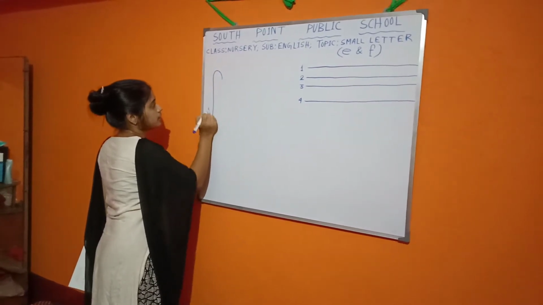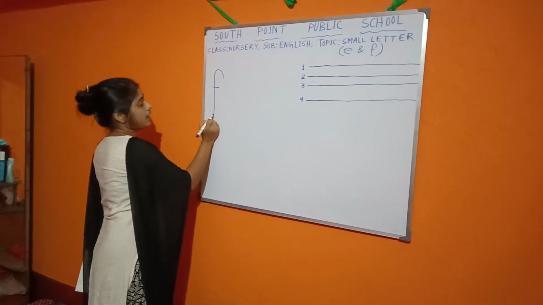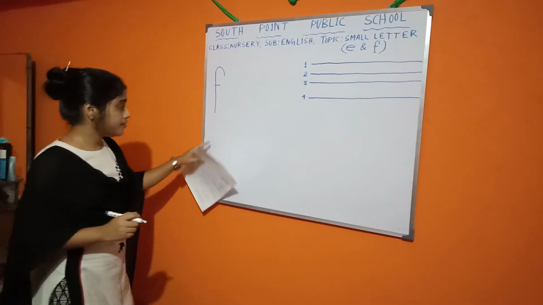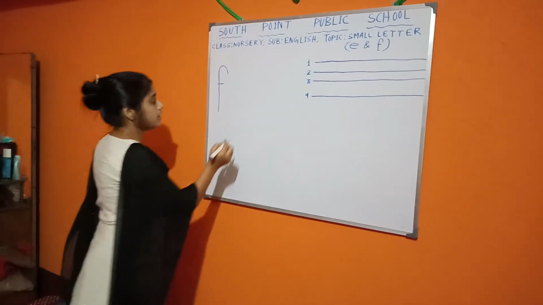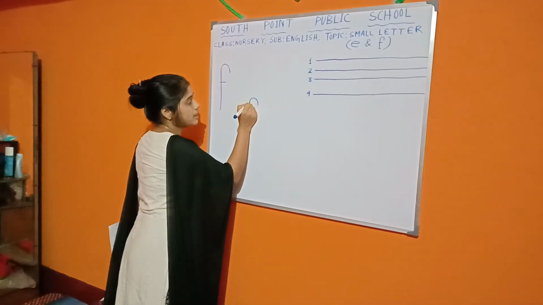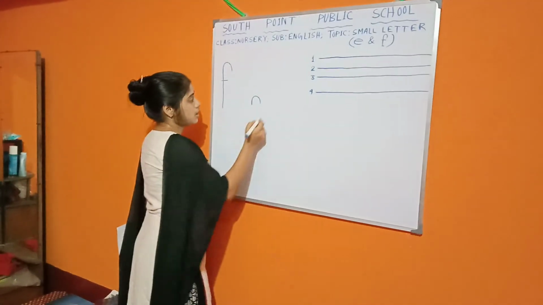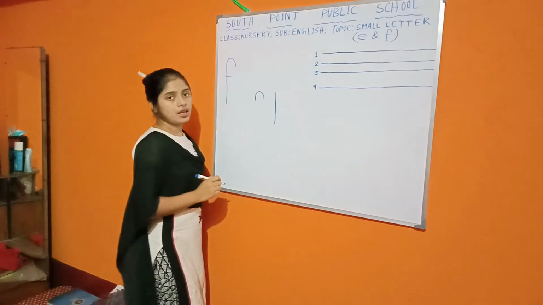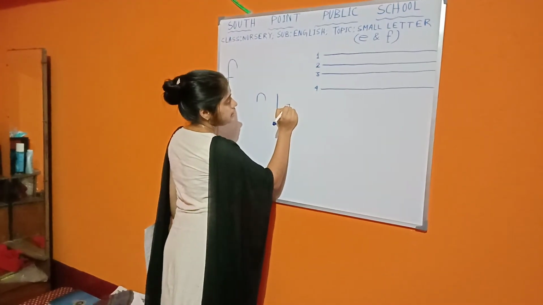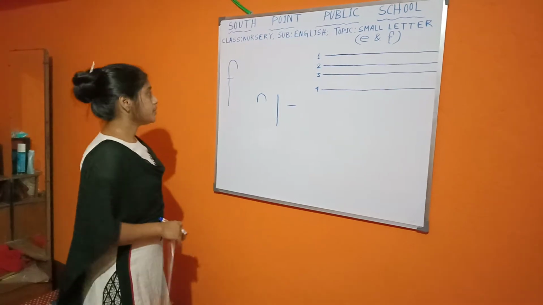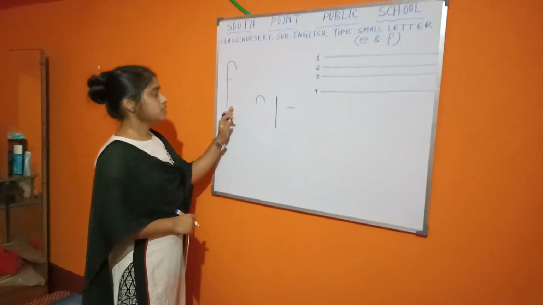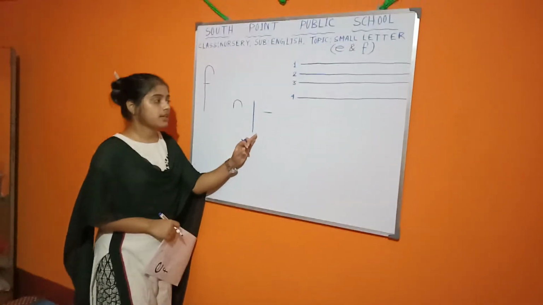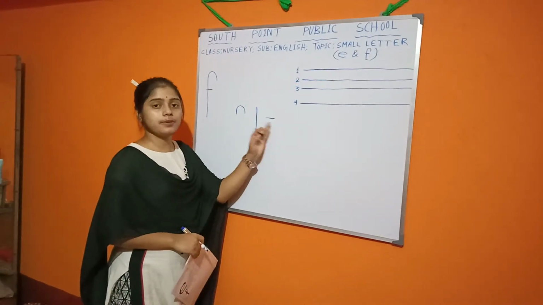This is the letter F. To make F, we need one small curved line, one standing line and one small sleeping line.